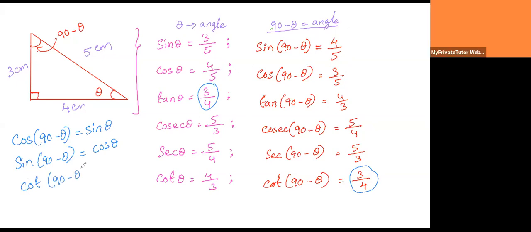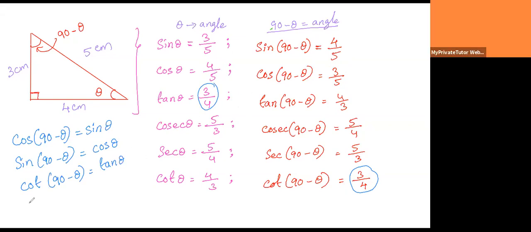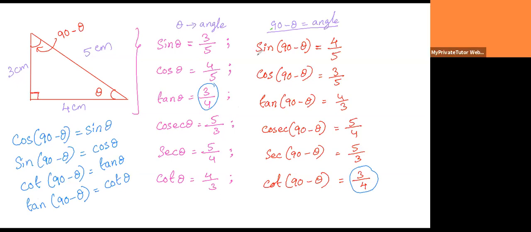Cot 90 minus theta is the same as tan theta. If you compare the others as well, tan 90 minus theta becomes cot theta, and secant becomes cosecant, and cosecant becomes secant.